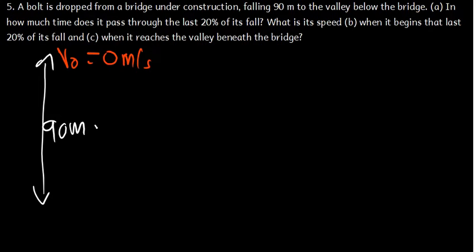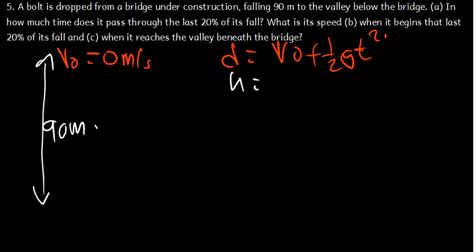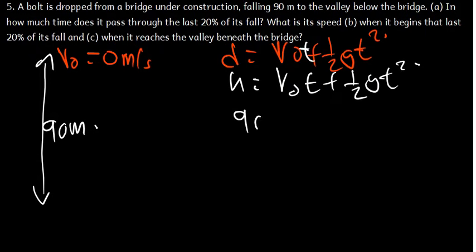What I mean here is we're going to use d equals v initial plus half g t squared. So h is equal to v initial times t plus half g t squared. The h is 90.